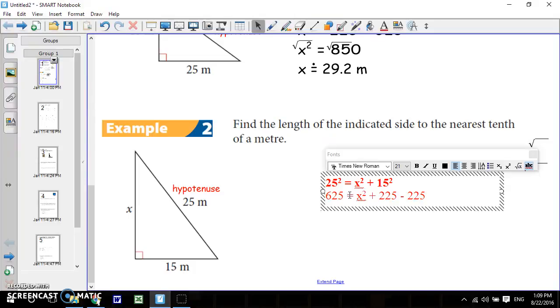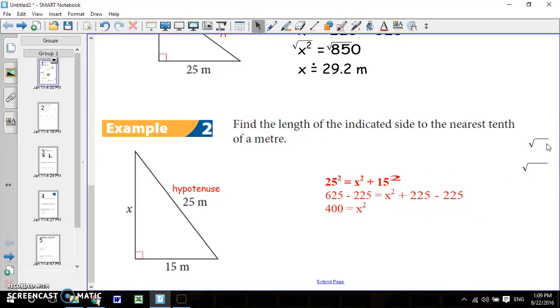Once I do that, it also means that I need to subtract 225 from the left side of this equation. Now let's carry on. 625 minus 225 is 400, and this is equal to x squared.